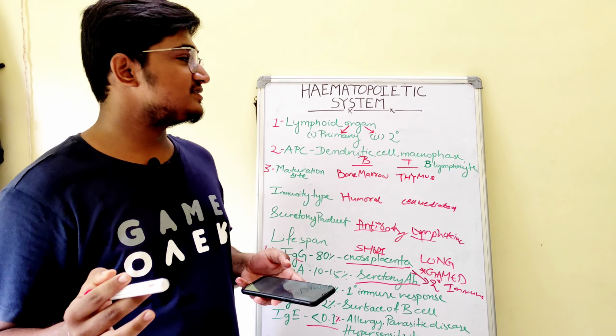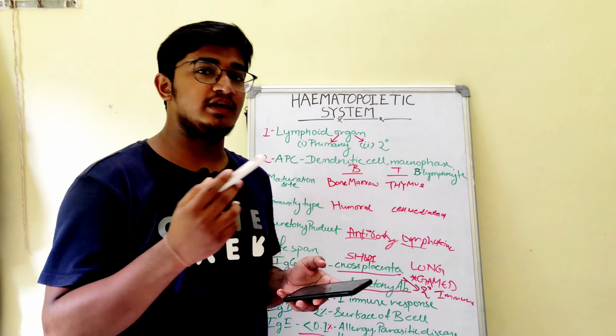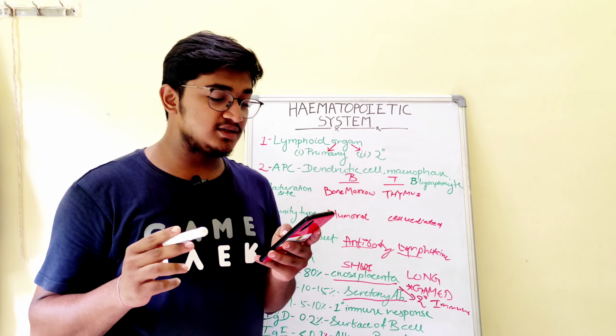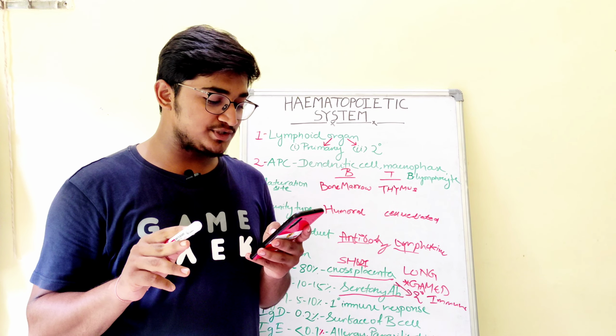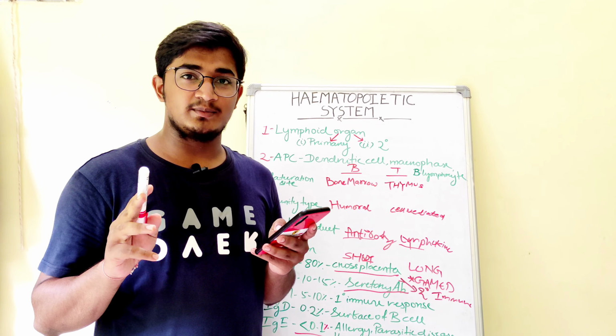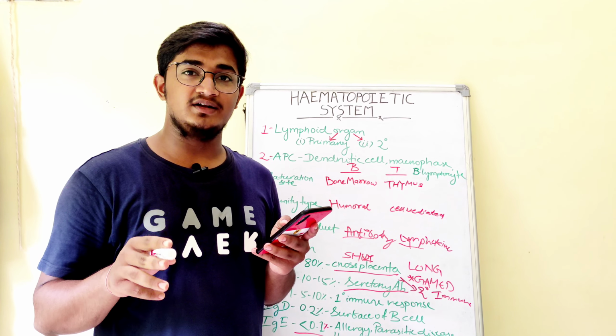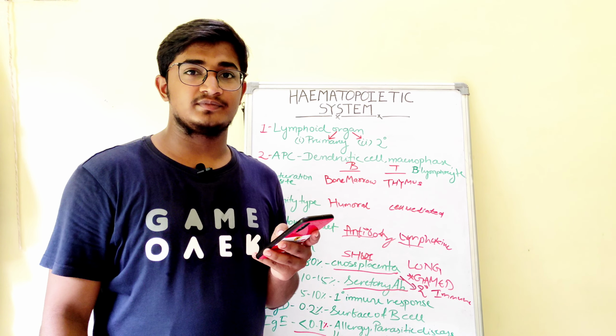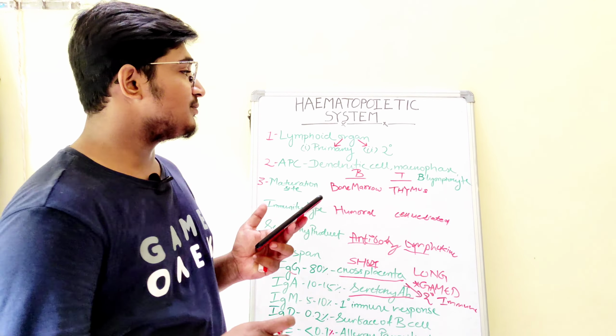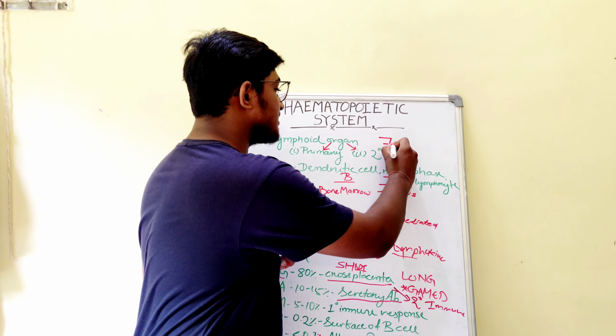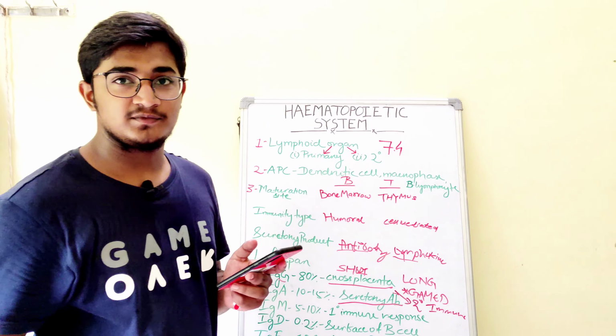So students, let's discuss some questions related to the hematopoietic system. What is the normal pH of the blood? Option A 7.4, option B 7.2, option C 7.8, option D 7. The answer is option A, 7.4. Okay.